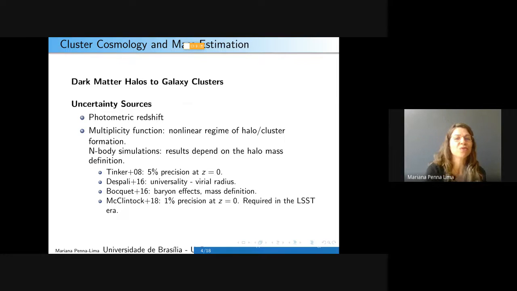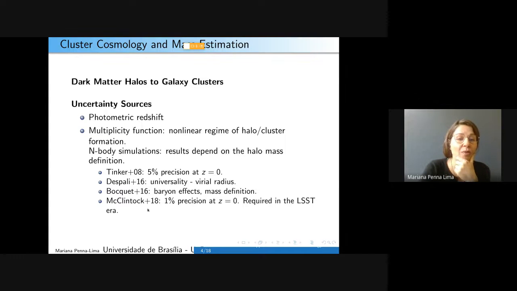For example, if you use friends-of-friends or spherical density, this also gives you some difference in the results, different parameters of the multiplicity fitting function. So Bocquet 2016 includes baryon effects, for example, and they provide the multiplicity function for a given mass definition. So we have this flexibility.